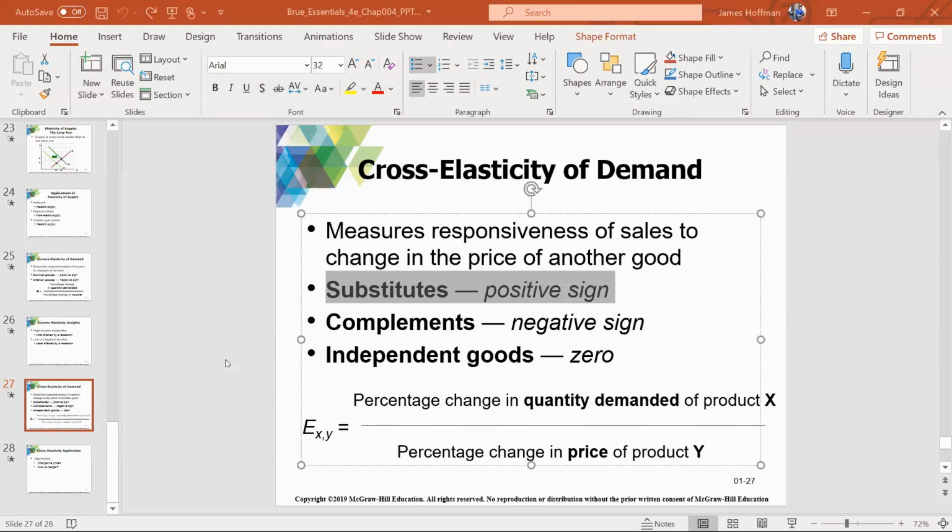So knowing this sign or this calculation is very important for managers of substitute companies.